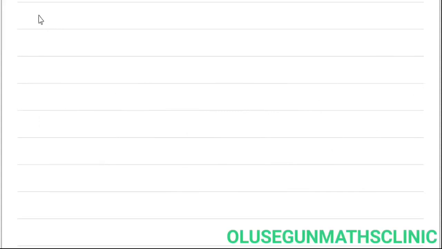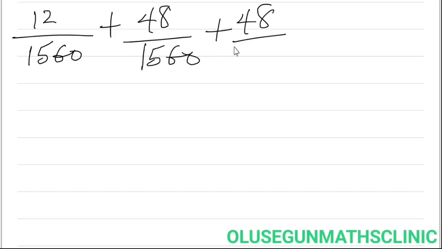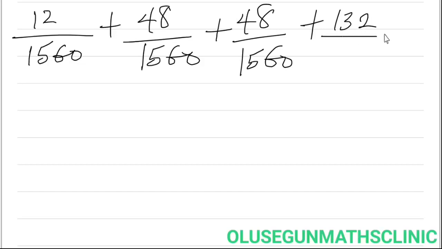We have 12/1560 plus 48/1560 plus 48 over 1560 plus 132 over 1560. Because they have the same denominator, let's add everything together.